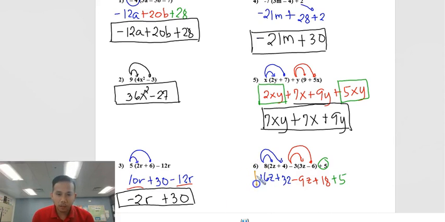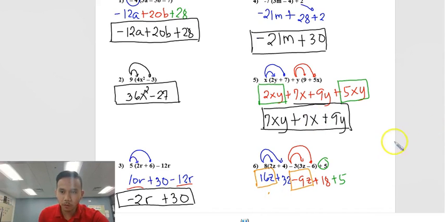And then I'm going to box your like terms. Like terms are 16z and then we have negative 9z. And then of course your constants there would give us 32, 18, and your 5. So let's finalize the answer by combining like terms, just like what we did on the number 5 answer. So 16 minus 9, which is 7.